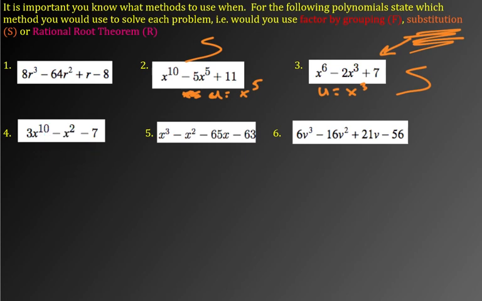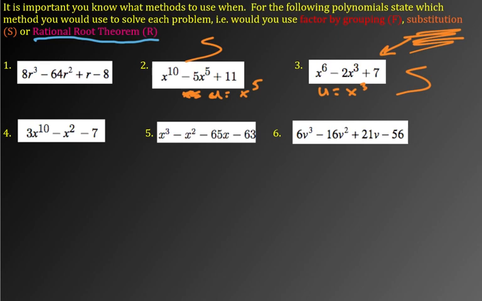Kind of on that point, I don't have a good pink on here, so pink is blue now. For factor by grouping, you really need an even amount of terms, so you have the same size groups.